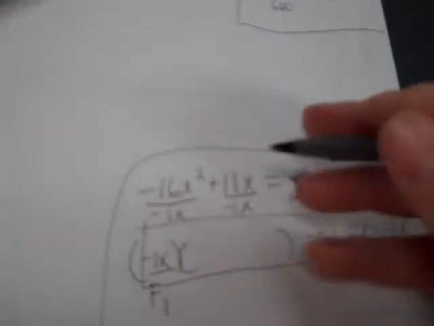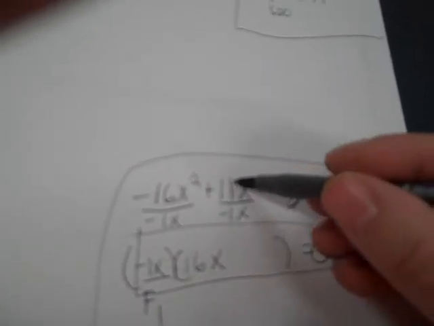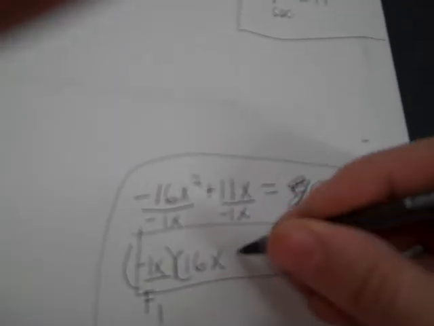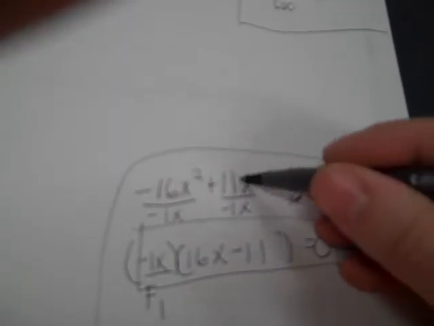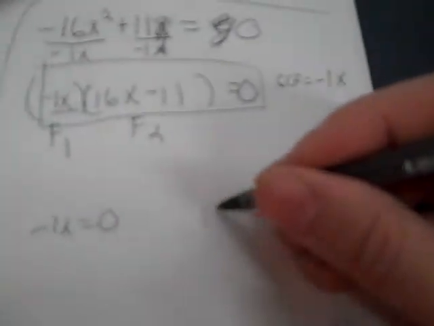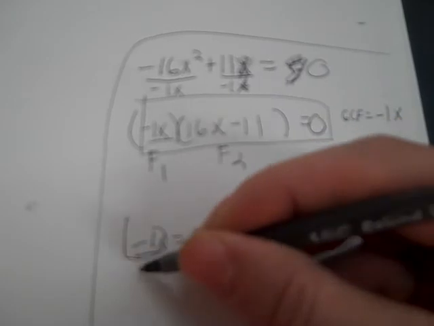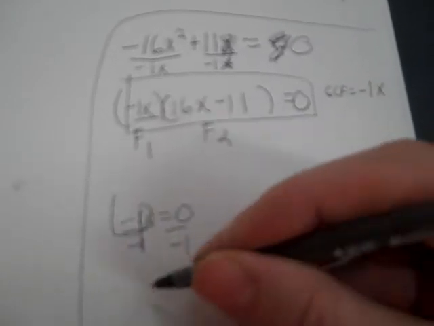And -16 divided by -1 is +16. X second divided by x is x. +11 divided by -1 is -11. So I minus 11, and those cancel. Okay, and that's F2. So -1x equals 0. 16x minus 11 equals 0. So I divide by -1.